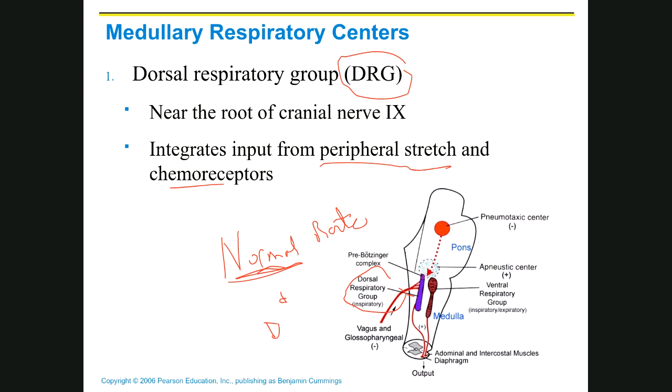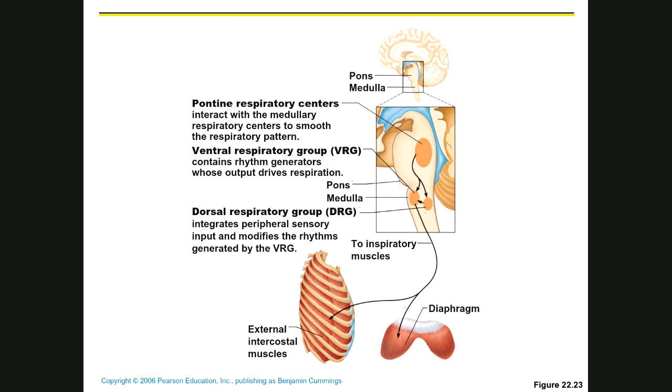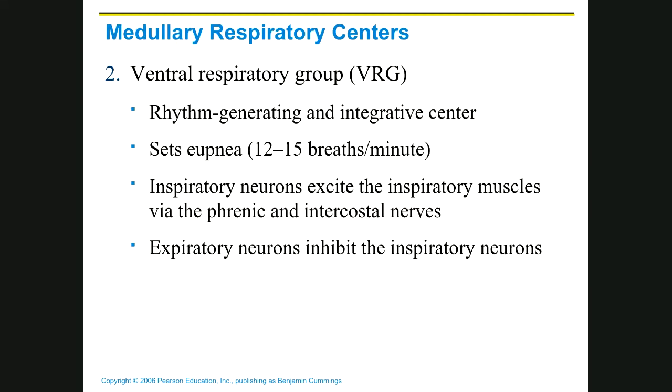Same thing's true for the VRG. So the VRG, again, it's going to help set normal breathing. Normal breathing is called eupnea. Eupnea means true or normal. And nea means breath or breathing.